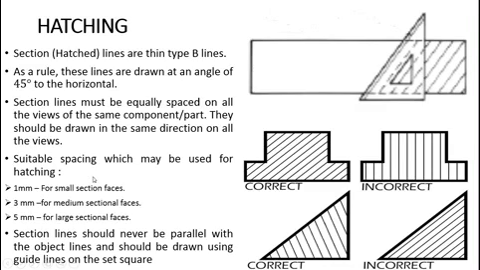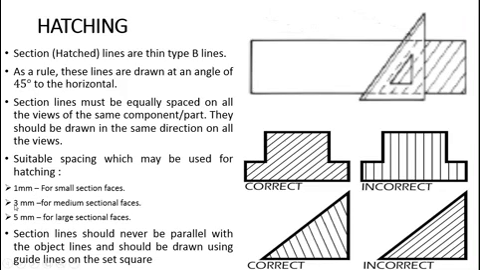Okay, suitable spacings which may be used for hatching are as follows. You have 1 millimeter spacing for small section faces. For example, a piston ring is a small piece, so you might need to draw it using 1 millimeter spacing.